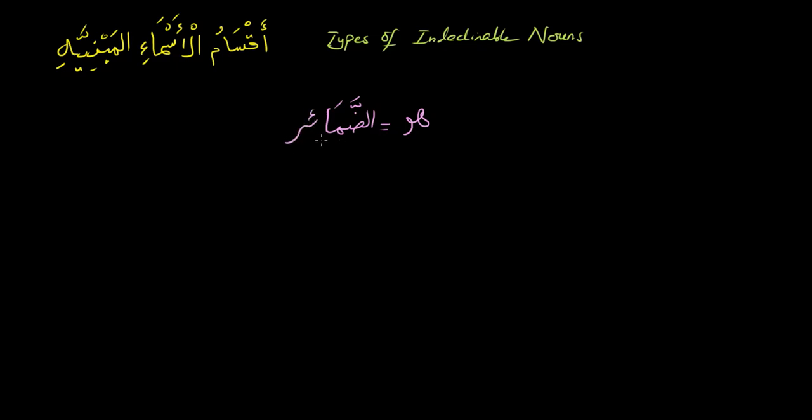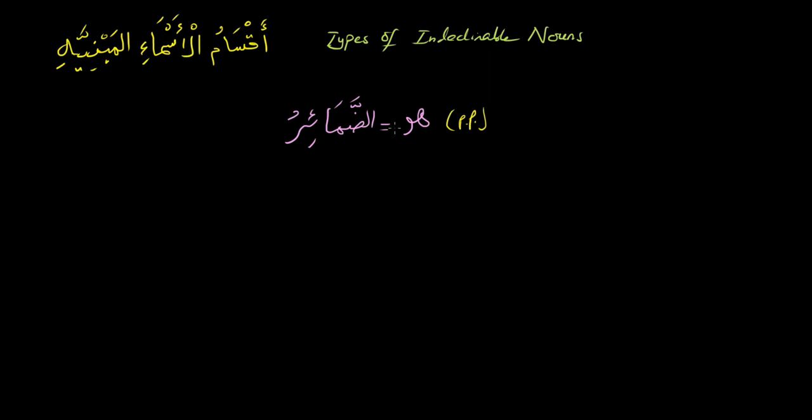So the first type of indeclinable words are ad-damair. Huwa huma hum is an example. Huwa is an example of damair. These are personal pronouns, PP. So if you don't know what huwa is, you're dumb.